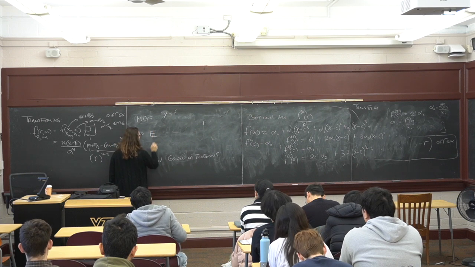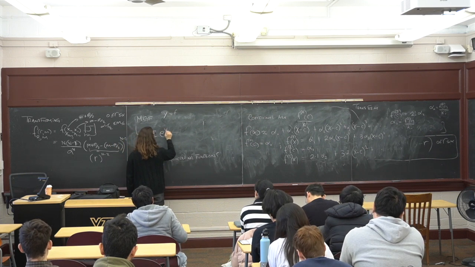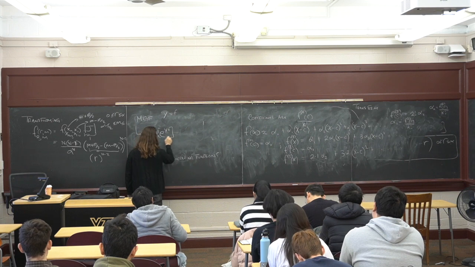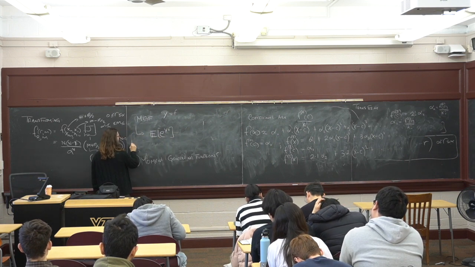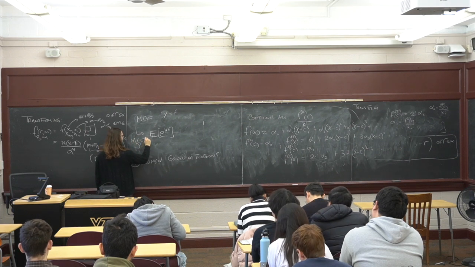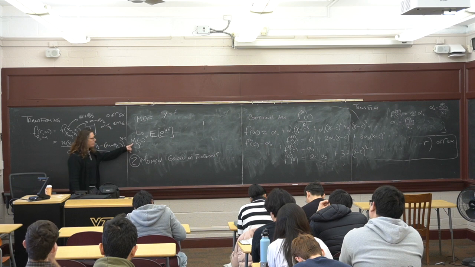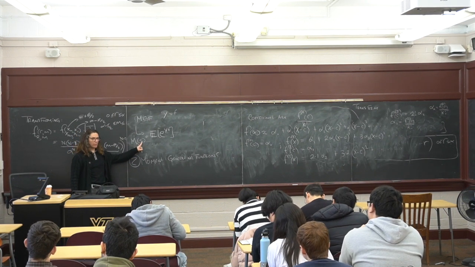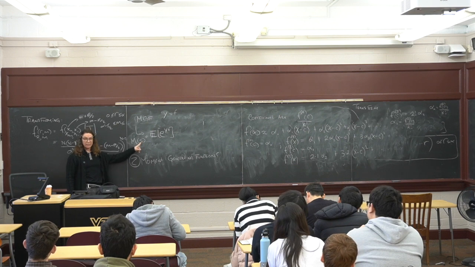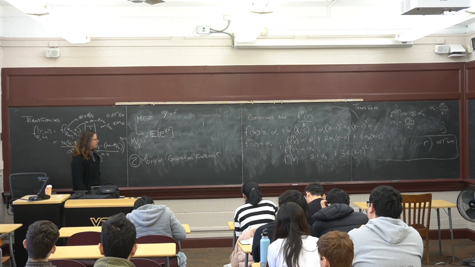The expected value of e to the yt. Usually we call this M_Y(t): M for moment generating function, there's our random variable, and there's a dummy argument right in here, t. So these are always a function of t.